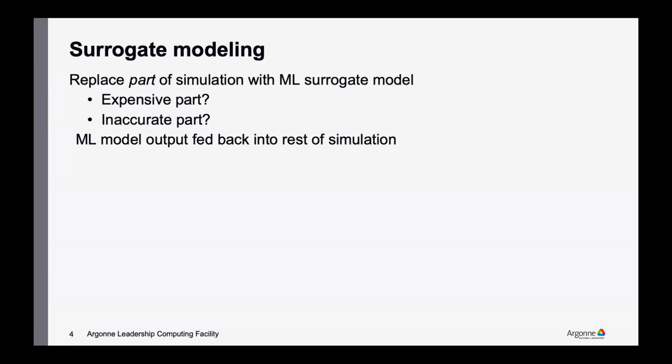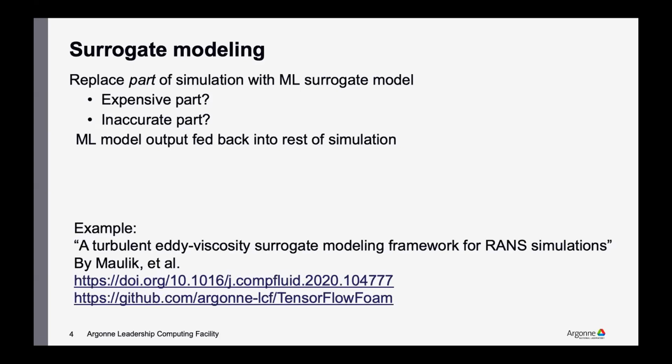And then alternatively, you could be replacing some inaccurate part with a machine learning model. And an example that Romit and I have worked on, a different example, you can find at this TensorFlow foam repo, where we're able to skip solving a PDE because we plugged in a machine learning model, and it feeds back into OpenFOAM, which is a CFD solver, to solve the remaining PDEs.